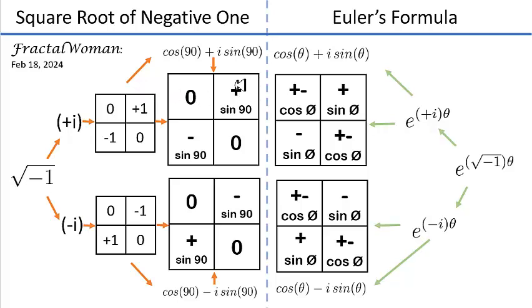So here you have positive sine of 90 is +1, negative sine of 90 is -1, and the complex conjugate of that is here. This solves the mystery of why positive i does a counterclockwise 90-degree rotation in the complex plane.